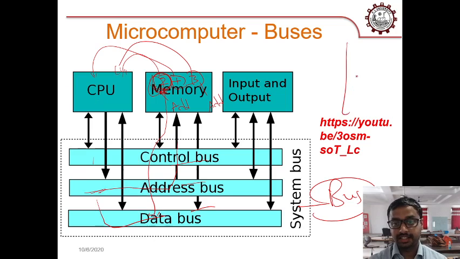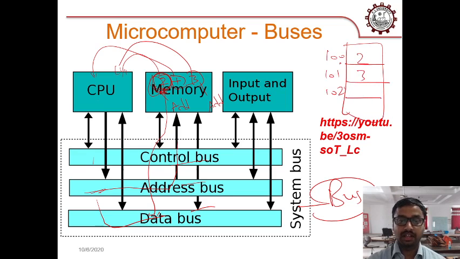So let us assume 100, 101, 102 are the addresses for the 2, 3 data. So first 100 will be put on the address bus. I'll go here and get 2, which is the data. So 100 is on the address bus, 2 is on the data bus.